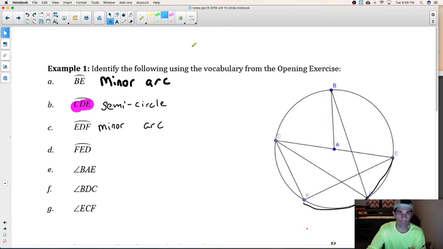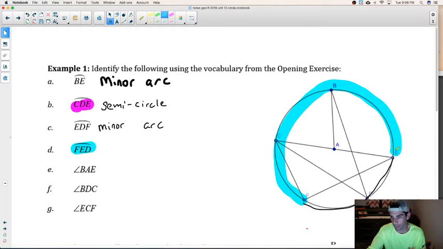So we'll trace F to E to D. So here's F. I got to go this way because I can't hit D, and I hit E, and then I go to D. So that went a really far distance. It went past 180 degrees, and remember, past 180 degrees, we're going to call that a major arc.